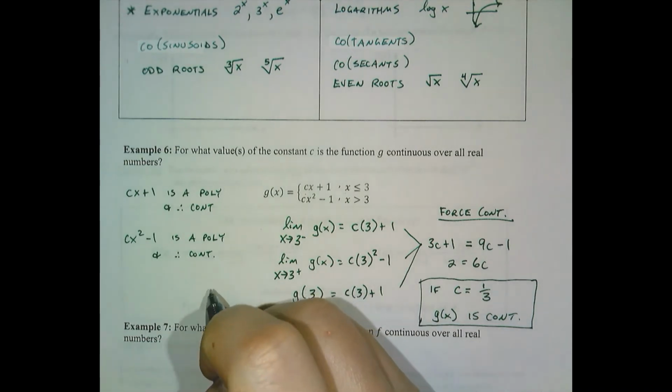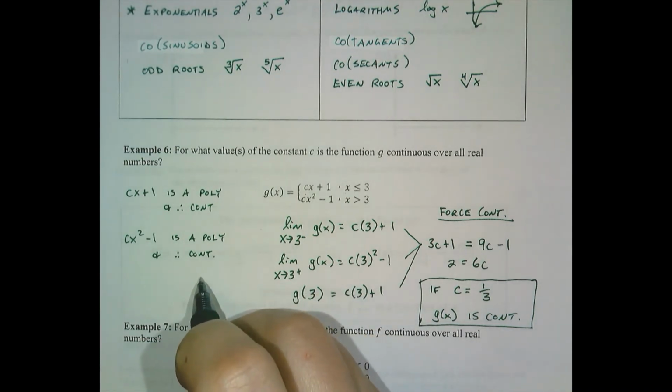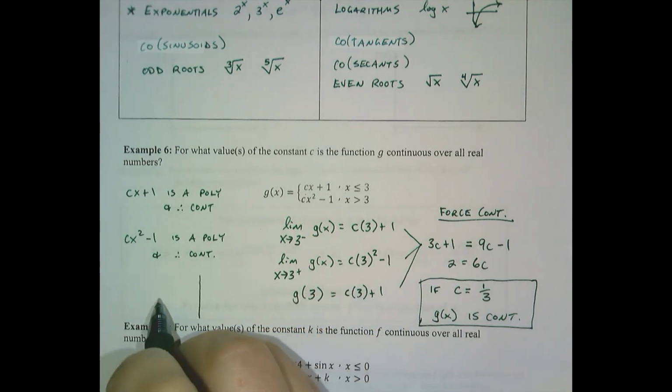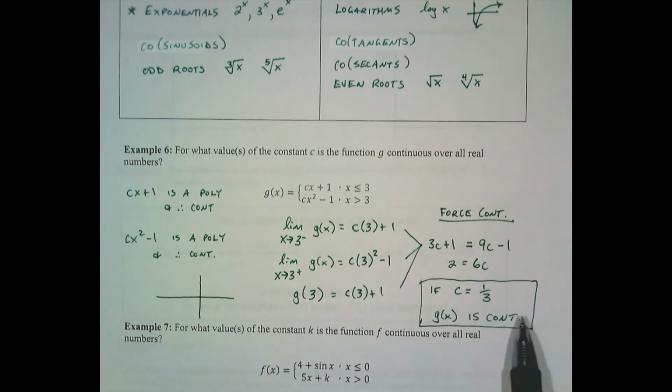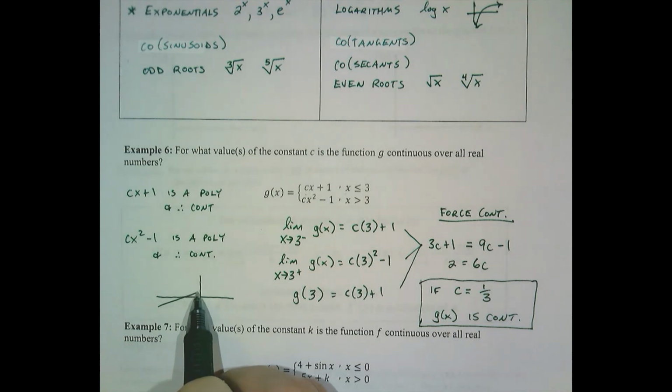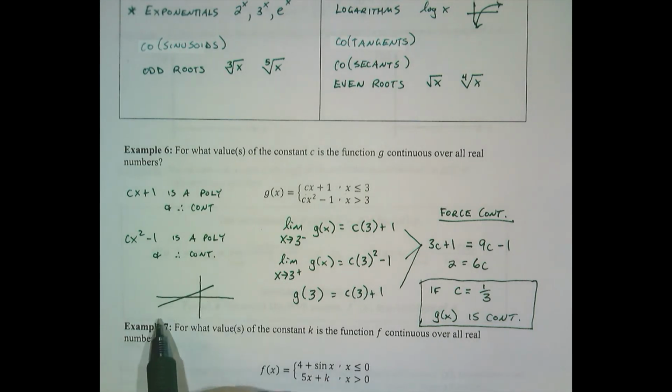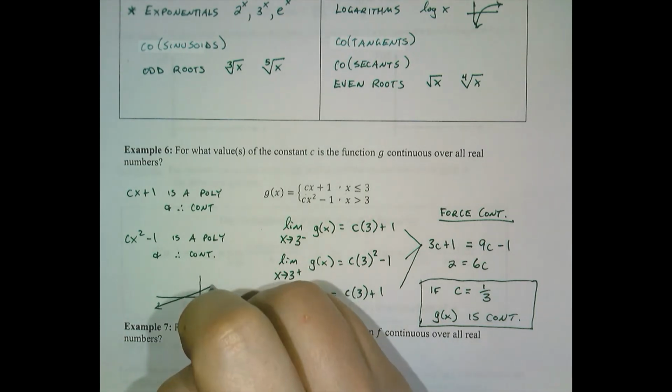Okay. Visually, what we've got going on is, now that I've got the value of c, the top piece is a curve that winds up looking like this, and it stops at 3.